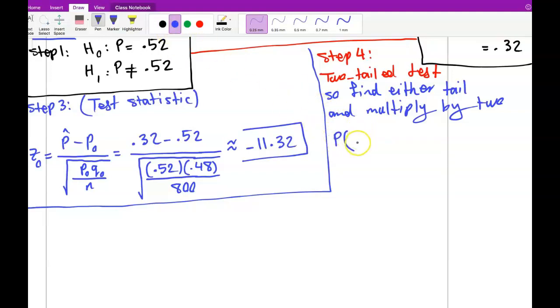Okay, so probably either one works. So here I'm trying when z is less than negative 11.32, this is the left tail, and that is equal to 0.